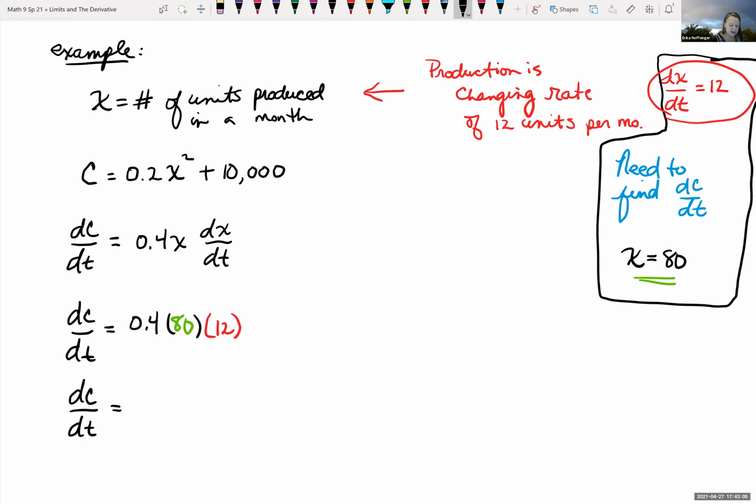So 0.4 times 80. Well, I would ignore my decimal. So 4 times 80, that's 320. But move my decimal over once, that gives me just 32. All times 12. So 12 times 32. That gives us 384.